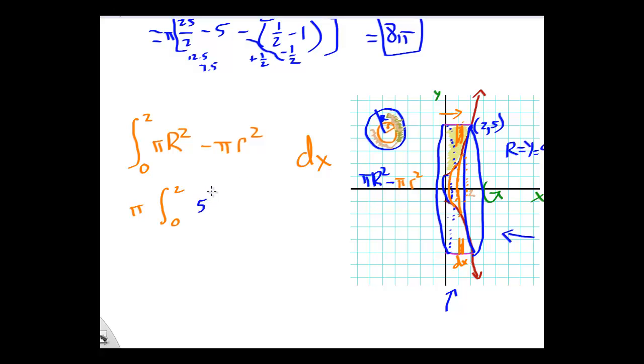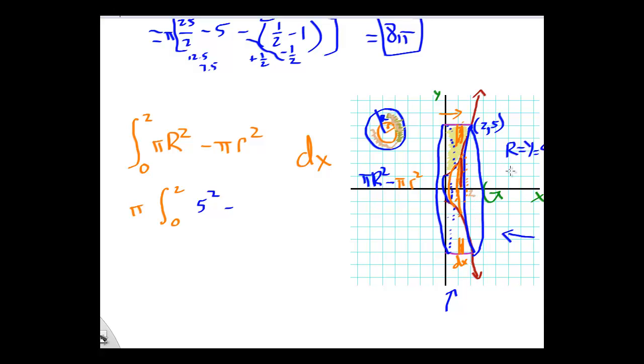So we have 5 squared. Little r now is ever changing, based on the parabola here in red, x squared plus 1. If I drew little r, let me draw an example of it right there in red so we can see it.